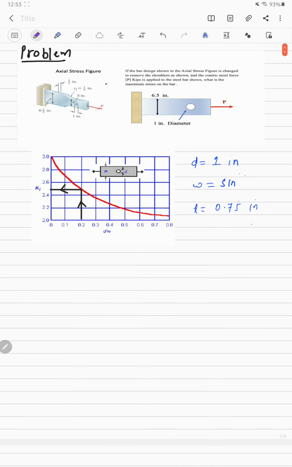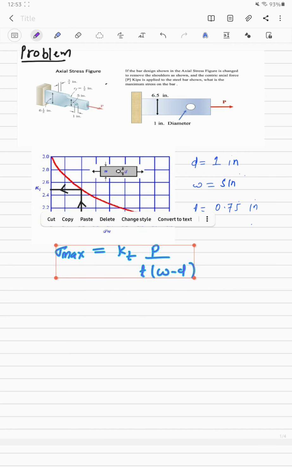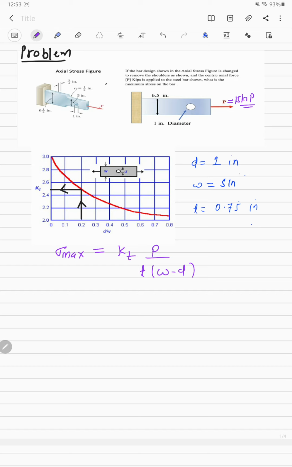First we will find maximum stress near the hole. The formula we have already seen. P is already given in the problem, 15 kip. Now how can we find KT?